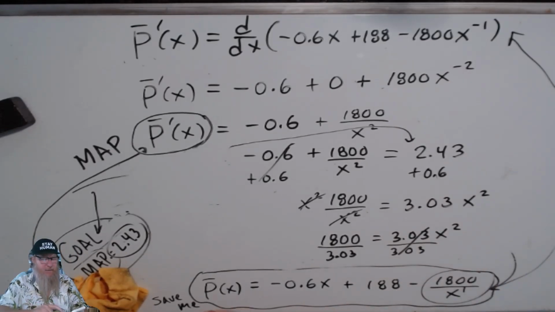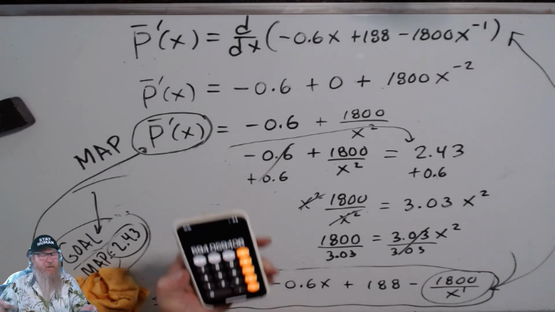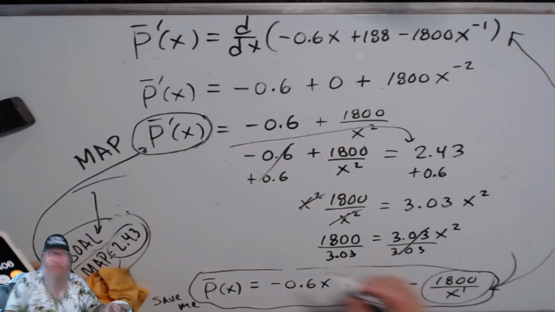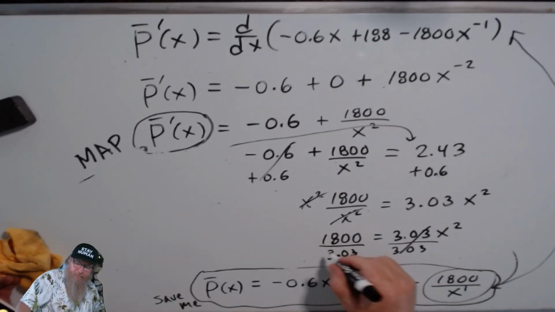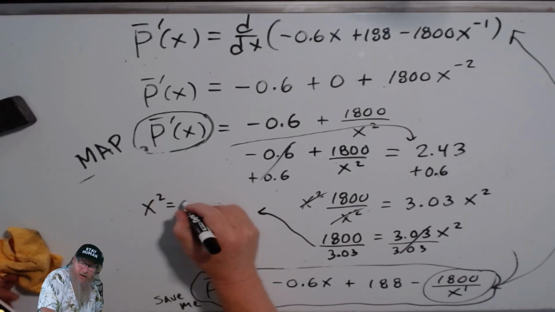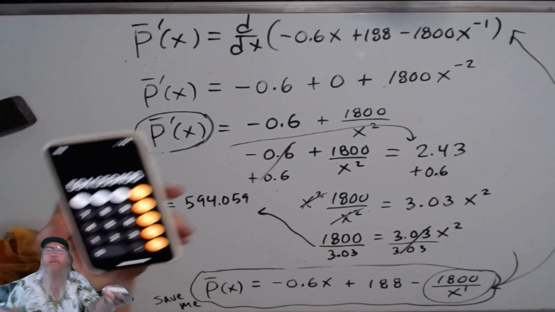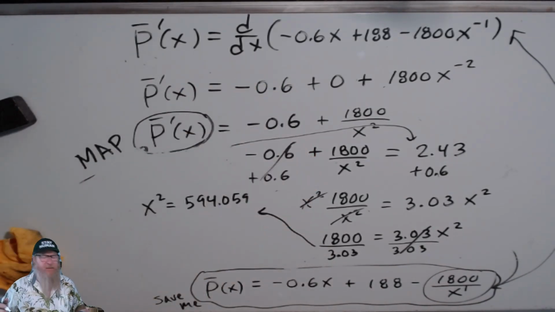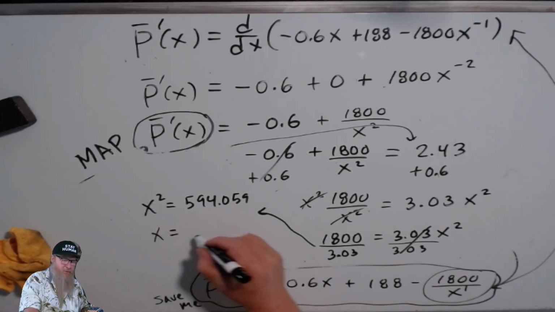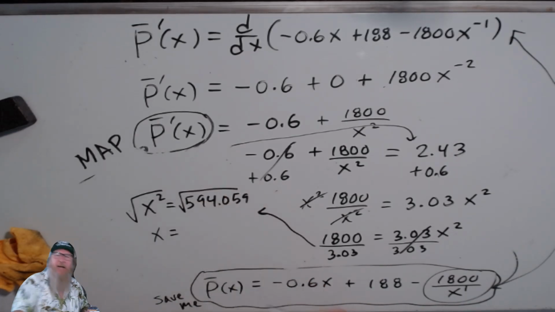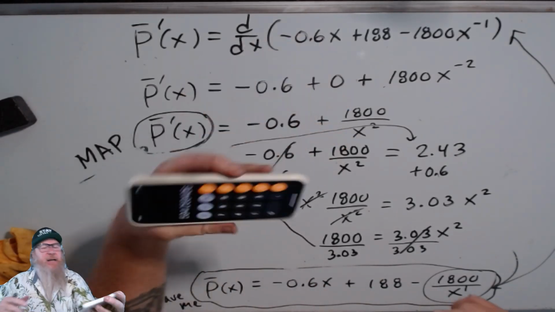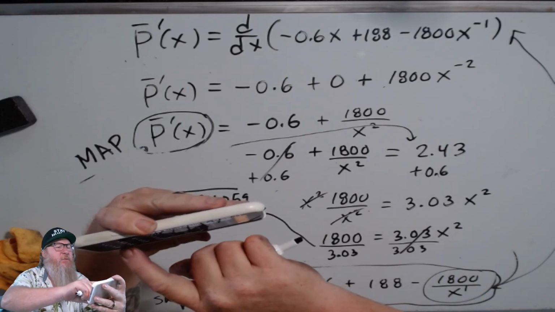I need my calculator. 1800 divided by $3.03. So I'm going to get x squared equals 594.059, blah, blah, blah. Doesn't really matter. I'm about to take the square root of both sides. So I'm just going to leave it on my calculator, take the square root.